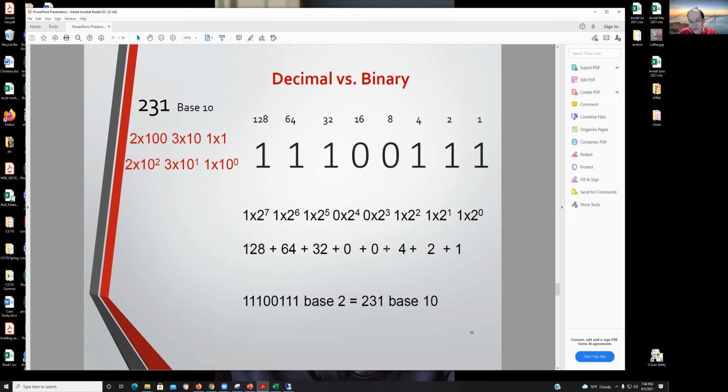So you have 1, 2, 4, and then you have 32, 64, and 128, right? And then all you do is add them all together, okay? And that's how you would convert it into your decimal, okay? So if I add them all together, then you get 231, like so, okay?